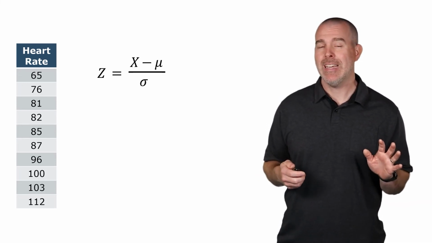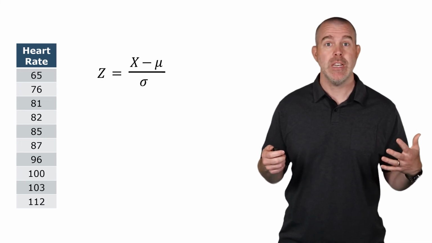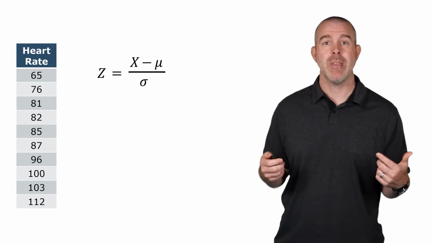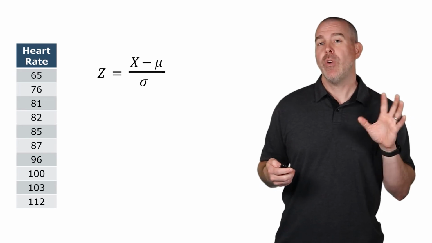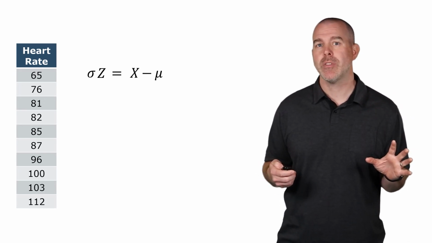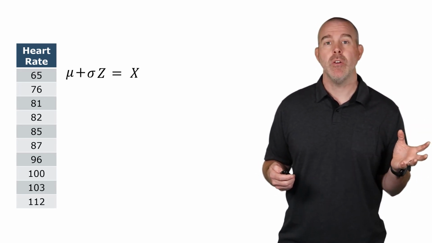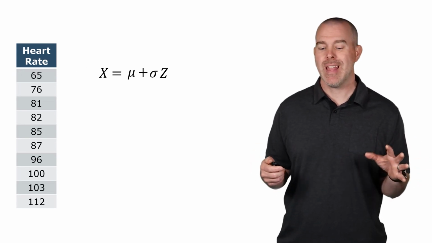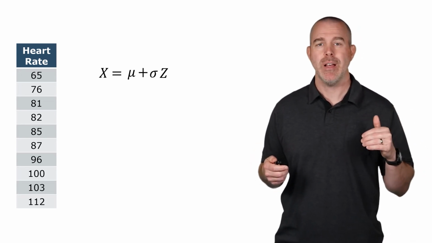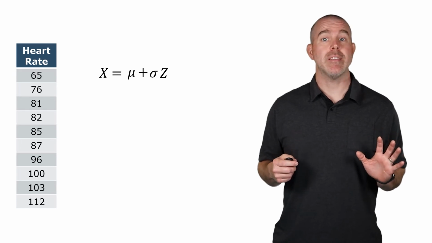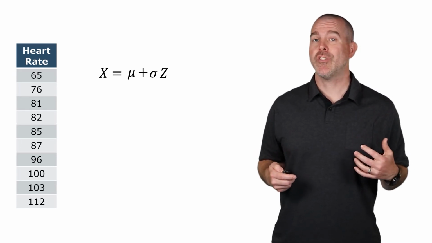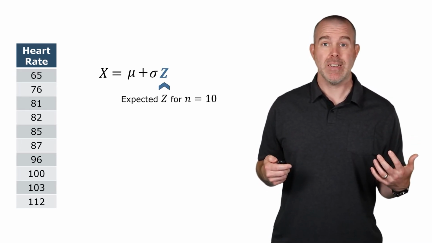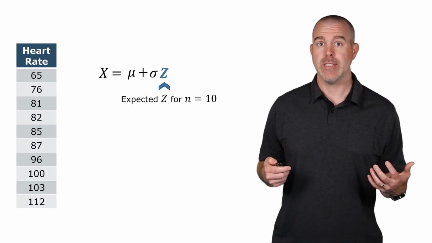The basic idea is you have this z-score. Remember z, number of standard deviations, is x minus the mean over the standard deviation. If we do some algebra here, say we multiply both sides by sigma, add mu, and then reframe this, then x should be mu plus sigma z. Now this might not seem very helpful. What we're going to do though is treat the z as the expected z-score if we had a sample size of 10.